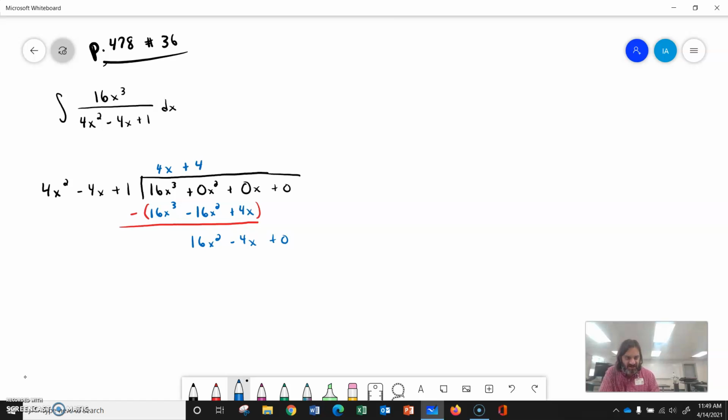So we'll multiply back. That'll give me 16x squared minus 16x plus 4. Subtract off, doing this old polynomial division. So we'll have 16 minus 4, so that'll be 12x, and minus 4.